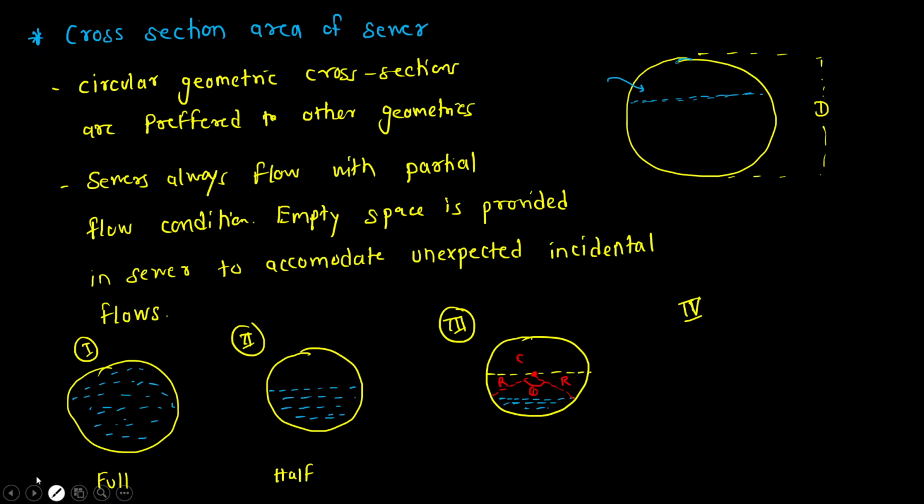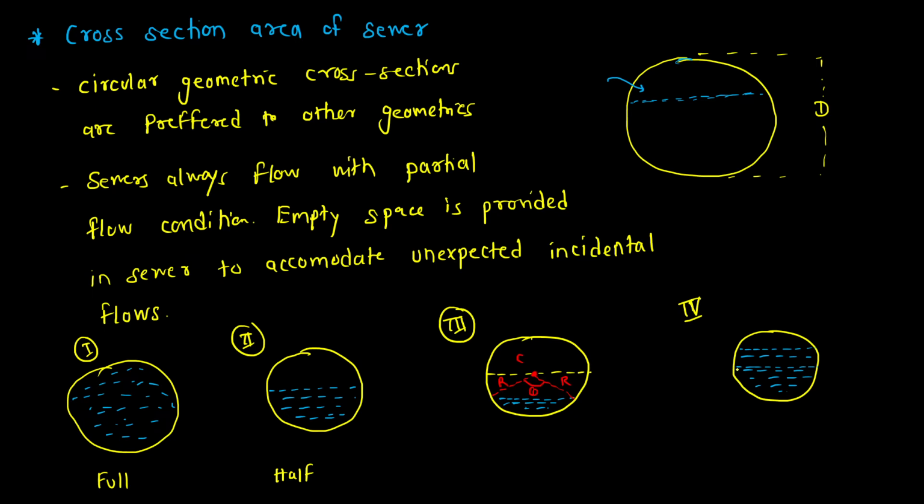Okay, now the last condition is where it is running more than half. This is the 50% line, so it is running up to here. The sewage is running up to this point. In this case also we'll do the same thing.